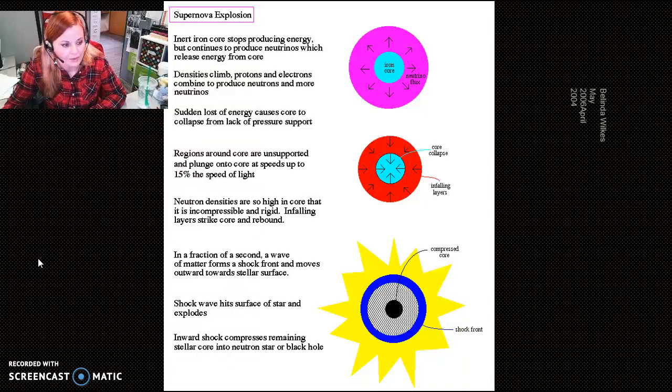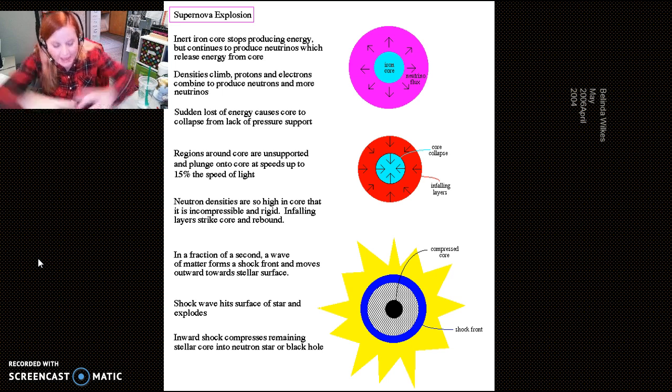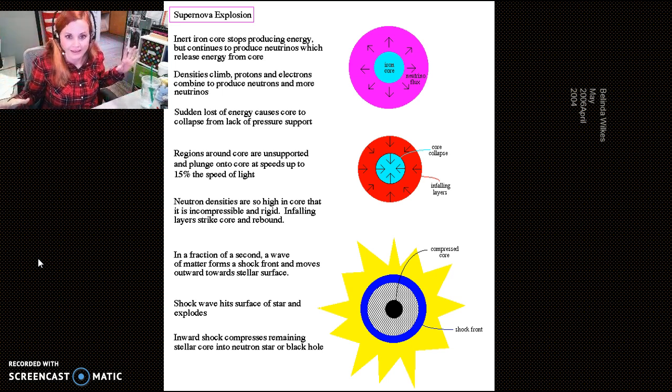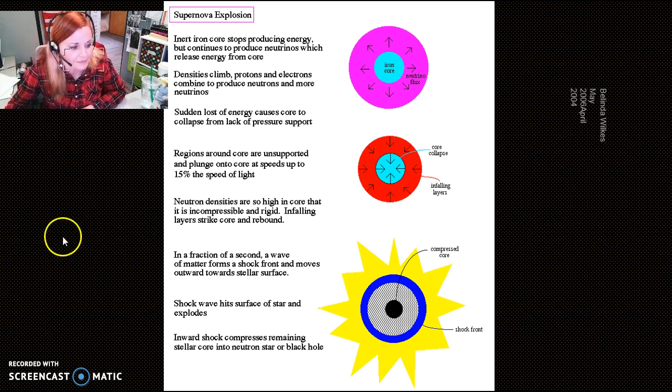And then we have the star collapsing, again, due to the loss of fusion. But because the core is so dense this time, you don't get the compression that you had before. Instead, you get this rebound effect, and it collapses and basically rebounds off that iron core and bursts outward in a supernova explosion, right? So that's what a supernova is.